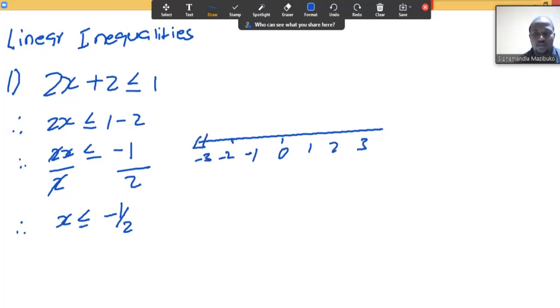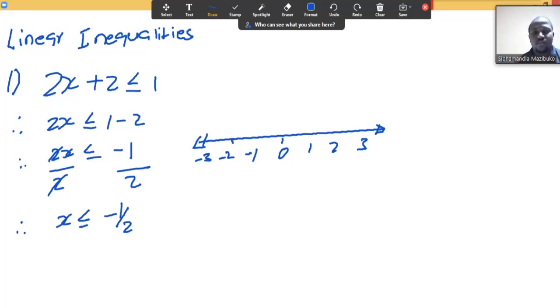It carries on. It starts from 0 going to 3, and you can carry on, or from 0 to minus 3 it can go on.